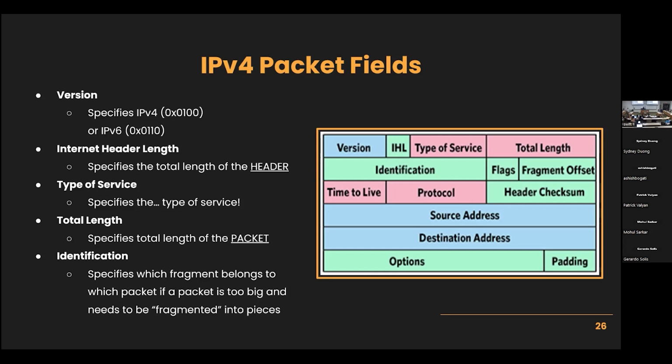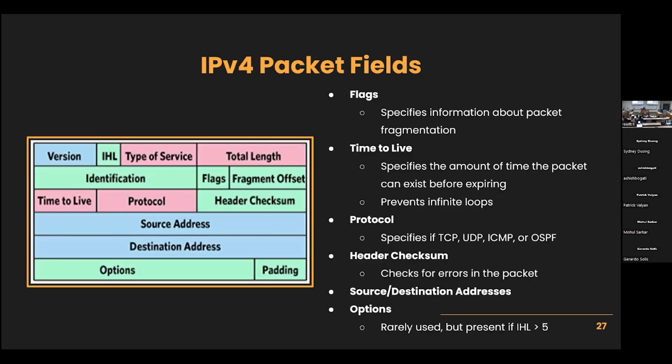We have the identification, which specifies which fragment belongs to which packet if the packet's too big and needs to be fragmented into pieces. So it essentially tags each fragment, so it knows who it belongs to, like a puzzle piece. And then for more of that, we also have the flag field, which specifies information about fragmentation, like I mentioned earlier.